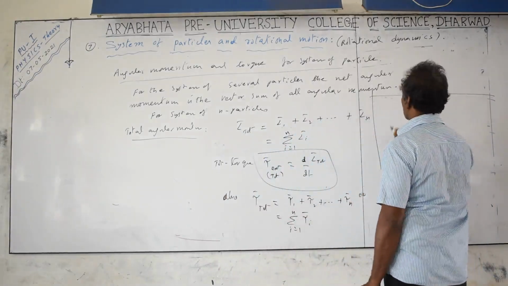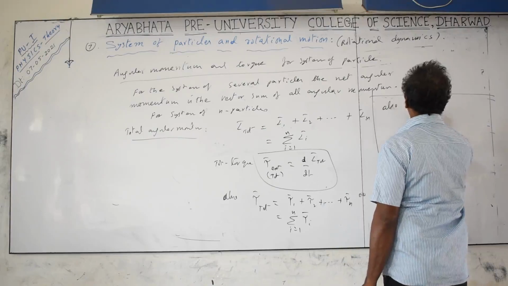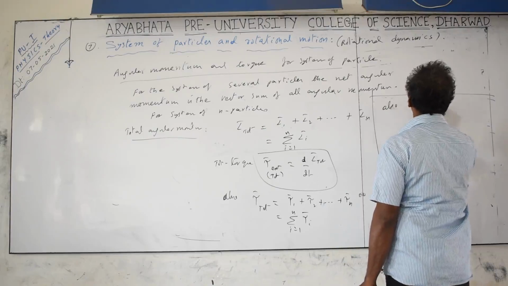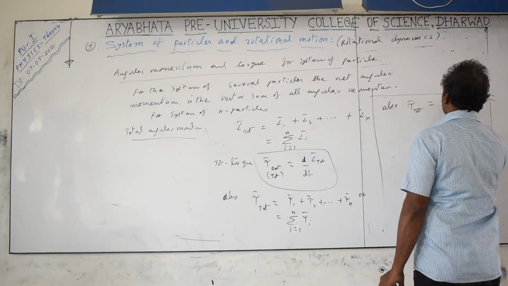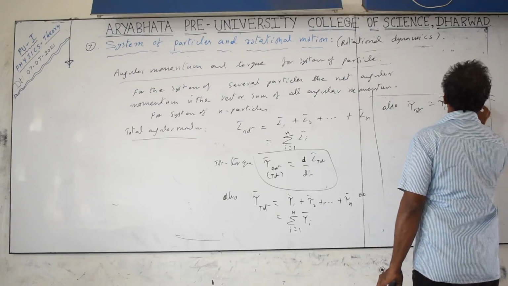Considering the internal and external torque also, we can write the total torque. All external only is supposed to be, in case you consider internal also, tau internal plus tau external.